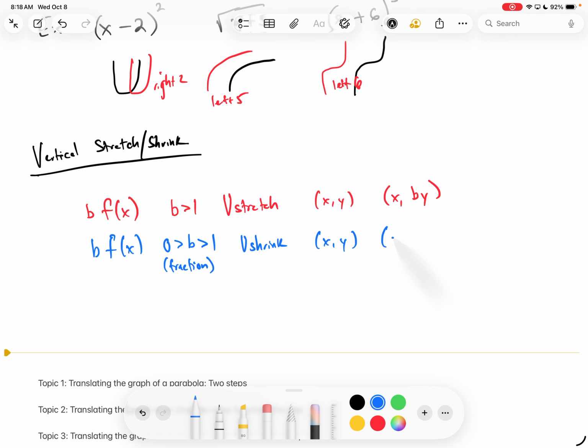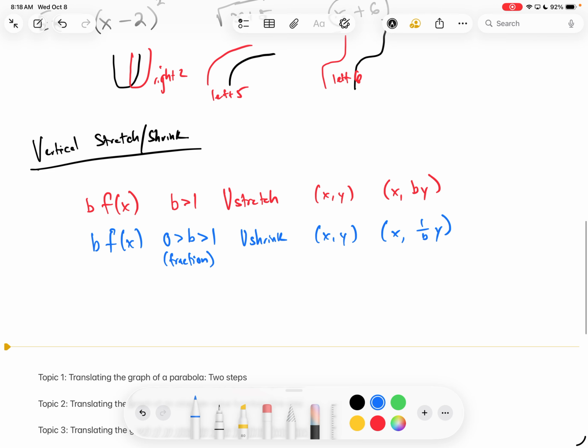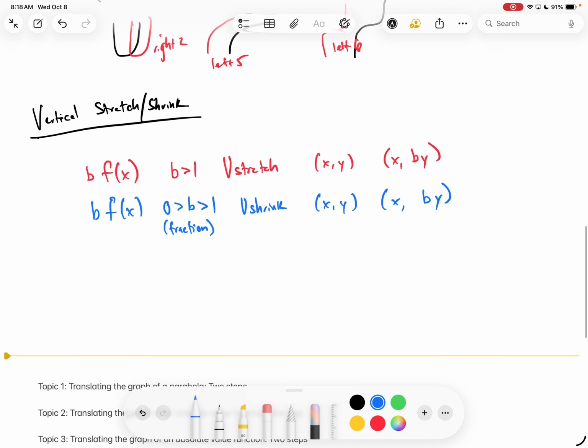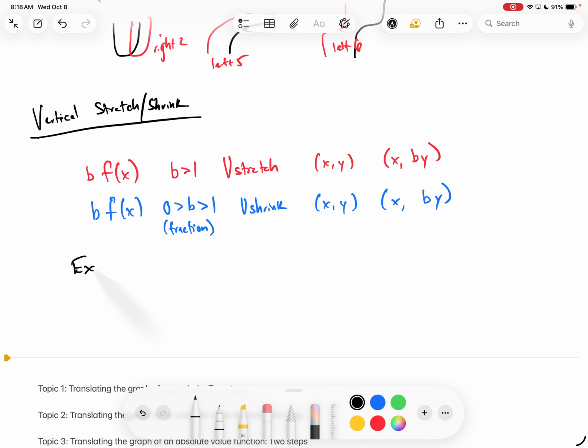So what that does is it does 1 over b times. I think I should just put b there because I said b is a fraction, so I don't want to do 1 over.